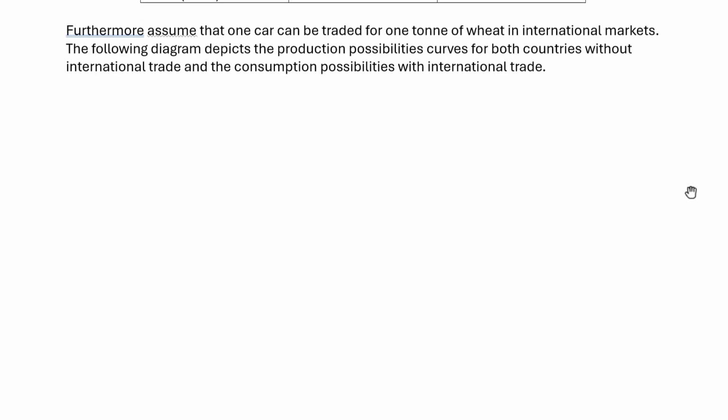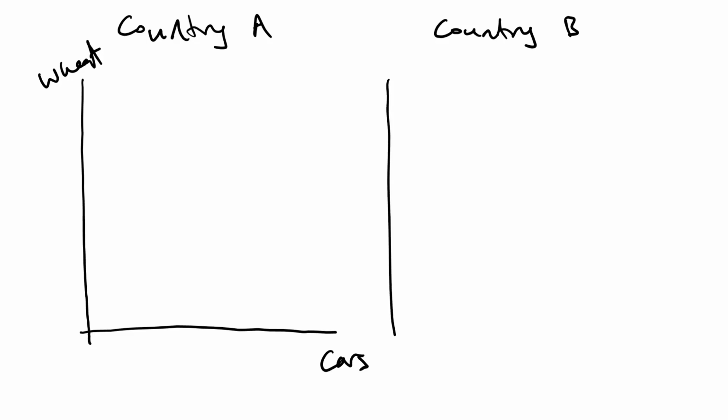Okay, next we're going to draw these diagrams. I'm going to start off by saying, okay, we'll label this country A. Call this wheat, and we'll label this cars, and we'll do the same thing for country B. So these are the PPCs, the production possibilities curves.